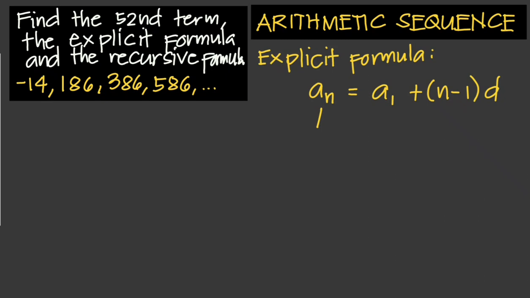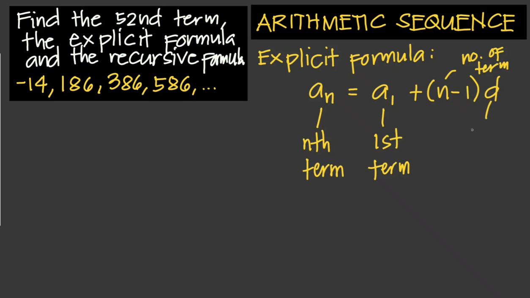So our a sub n here is our nth term, unknown. This one, a sub 1, is our first term, and n is the number of terms. And d is the common difference.